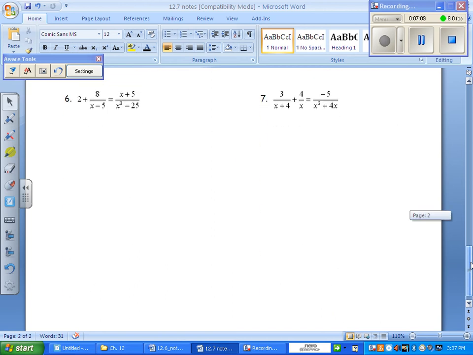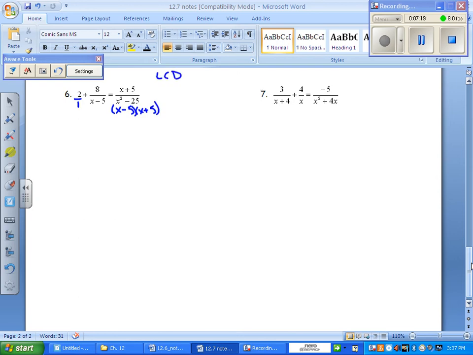Alright, last two here. Over this is a denominator of 1. Factor this denominator, x minus 5 and x plus 5. So the least common denominator is going to be an x minus 5 and an x plus 5 all over 1. Okay, take that least common denominator and distribute it to the first term, and nothing cancels with this one.